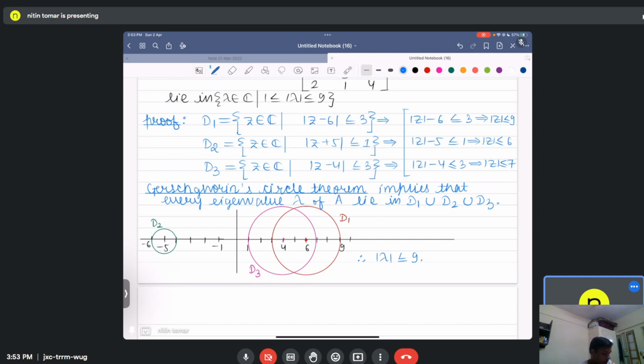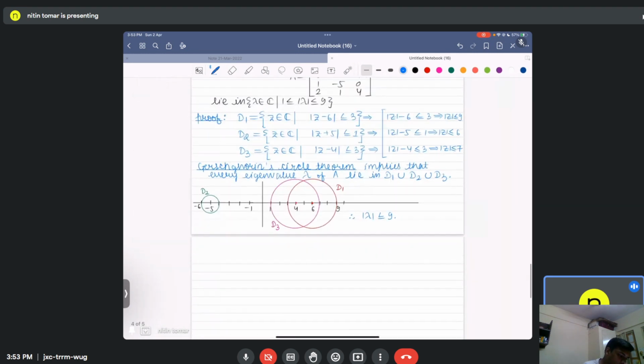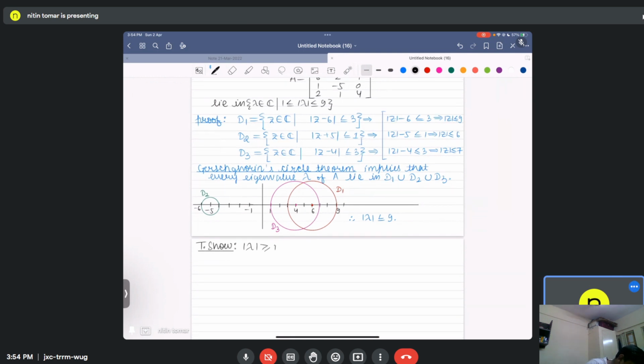Now how to prove? It remains to show that mod lambda will be greater than or equal to 1. You just use the reverse triangle inequality. It is clear from the picture, right?